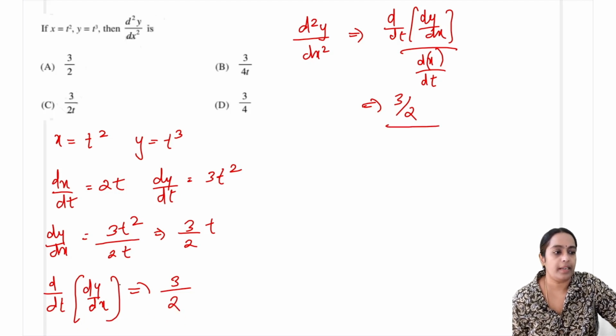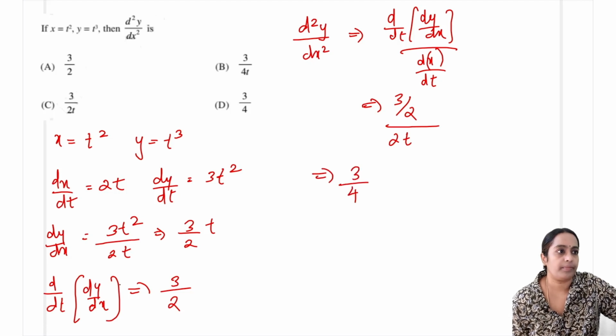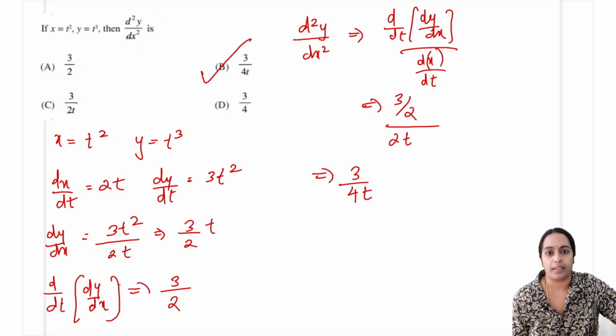Divided by dx by dt, which is 2t. So the answer is 3 by 4t, which is option B. Option B is the correct answer.